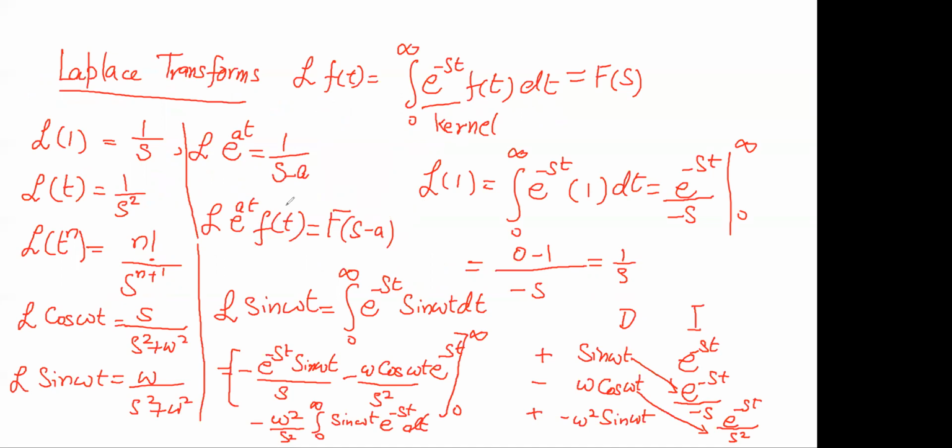But if f of t is multiplied by e power at, its Laplace will be F of s, but the s will be replaced by s minus a. So with this in mind, this theorem is very easy to prove.